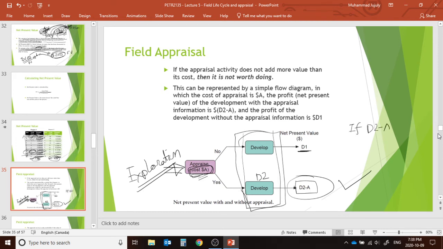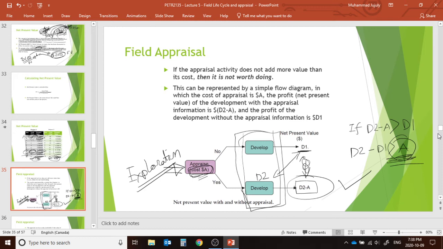Or we can say another thing: if D2 minus D1 is bigger than A, right? That means if the difference between D2 and D1 is bigger than the appraisal cost, that means the appraisal is cost beneficial, and only at that point we'll do the field appraisal.